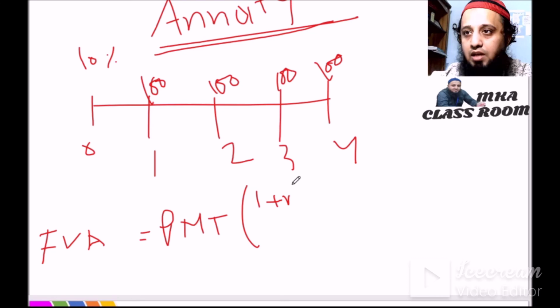That is the formula we have learned in the previous sections, because it is the ordinary annuity.